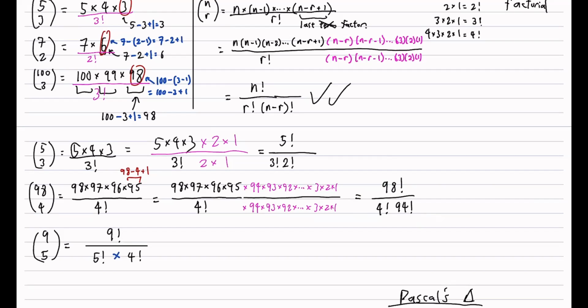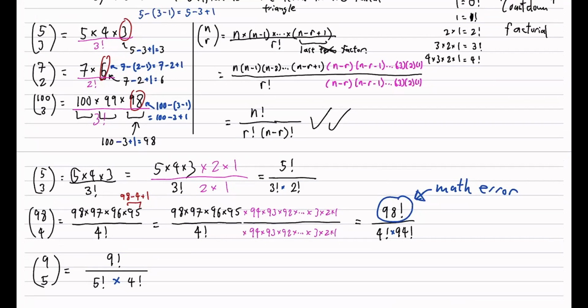In math notation, you don't need the times, but on a calculator, you need it. Okay. I think 98 factorial, I'm not even sure if the calculator can handle it. Yeah, you'll get a math error. So sometimes the factorial function is very scary. You better not use it all the time. It will be better if you use the original formula.